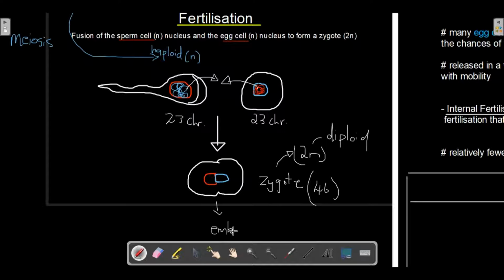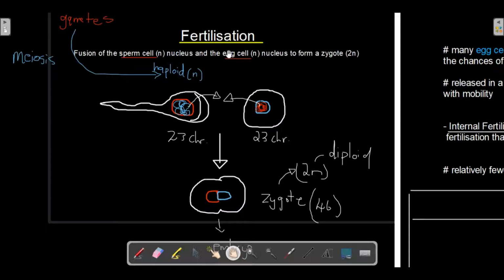We'll go into detail in the human reproduction topic. So fertilization is simply the fusion of the sperm cell nucleus and the egg cell nucleus to form a zygote. This is the simple definition of fertilization.